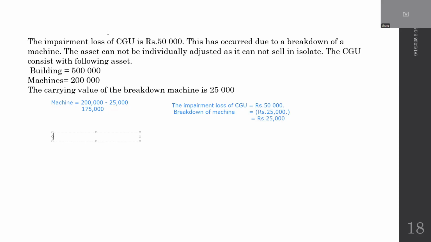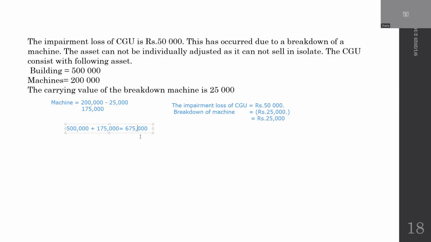Here, the machine value is 1.75 lakhs and the building value is 5 lakhs. So all together, 6.75 lakhs we can take.